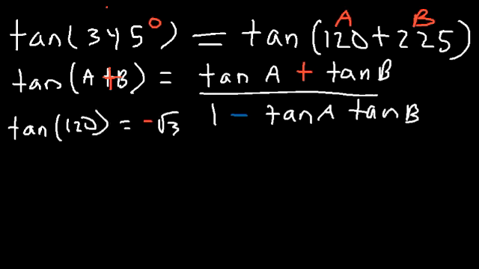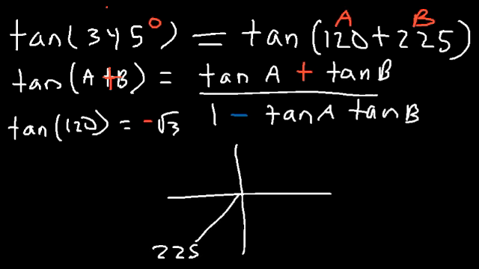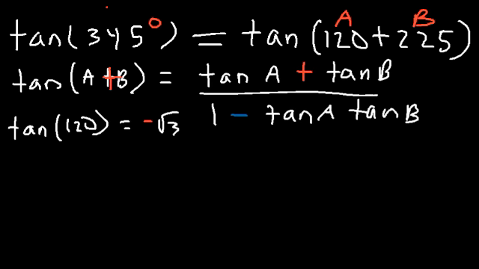Now what about tangent 225? 225 is in quadrant 3. And therefore the reference angle, which is the angle inside the triangle between the hypotenuse and the x-axis, that angle is 45. And we know that tangent 45 is 1. Now tangent is positive in quadrant 3, so tan 225 is also positive 1. So now we can use the formula.